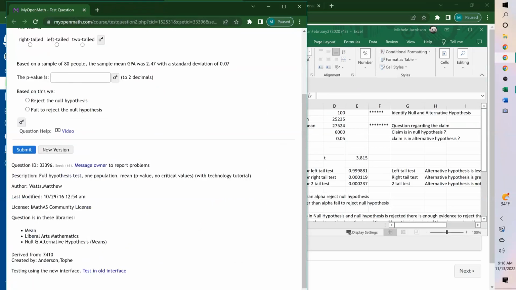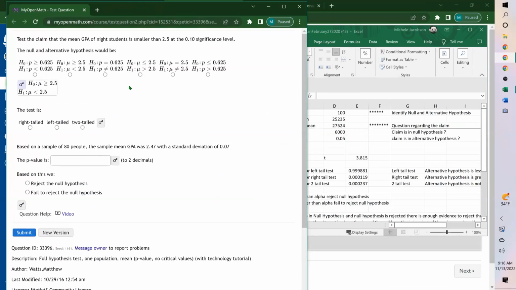I guess these were all chapter 9. This one says to test the claim that the mean GPA of night students is smaller than 2.5 at a 10% significance level. Now, this one is a mean. I did one the other day that was a proportion because it said the proportion of students have over a certain grade.